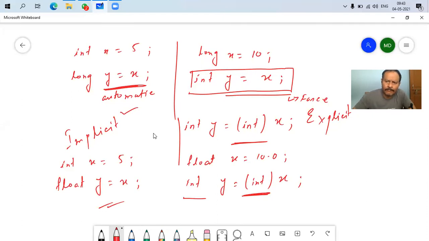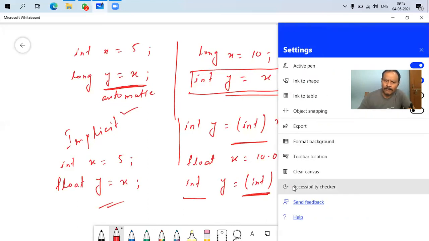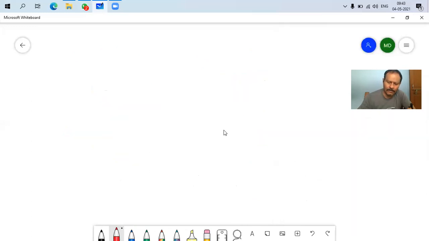The precedence of operator means in which order the operators get executed in an equation. In an equation, the order in which the operators get executed is termed as operator precedence or precedence of operator.